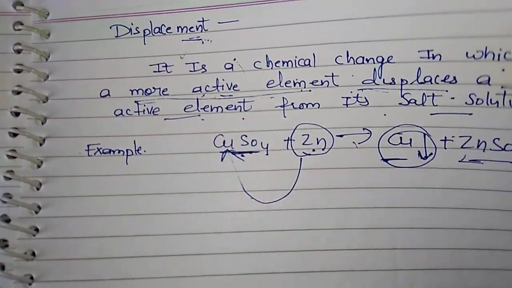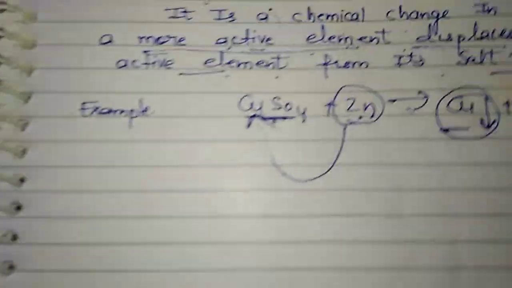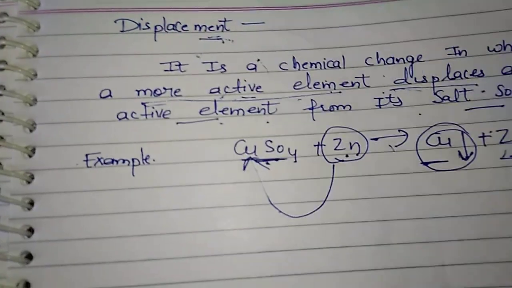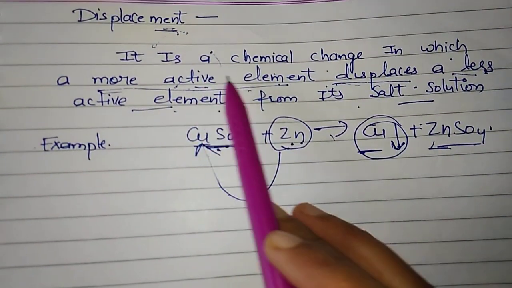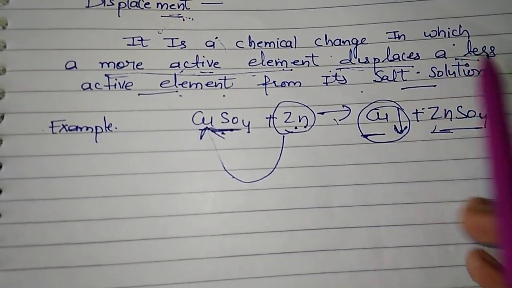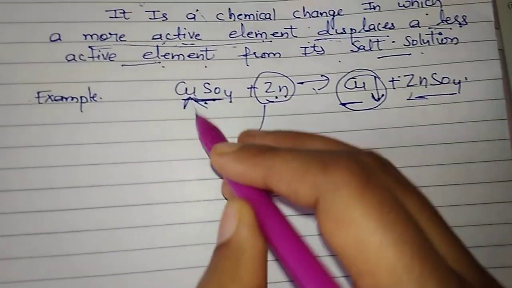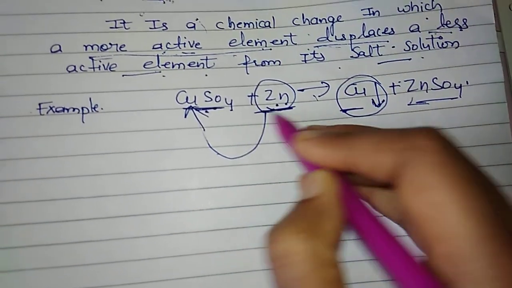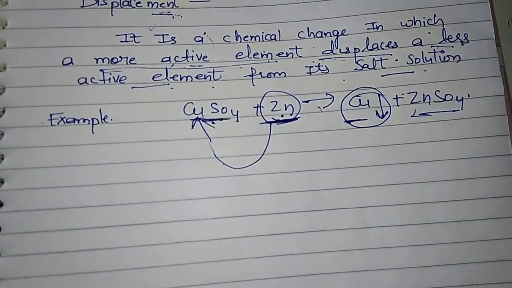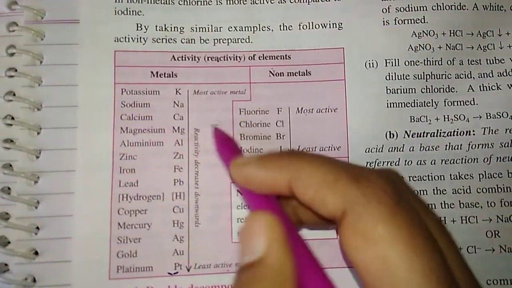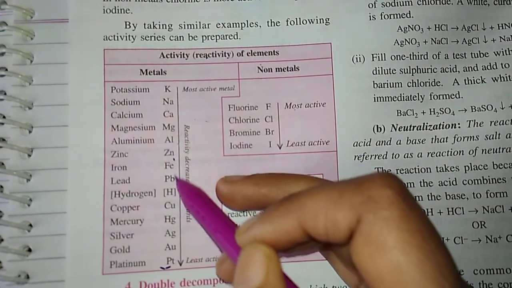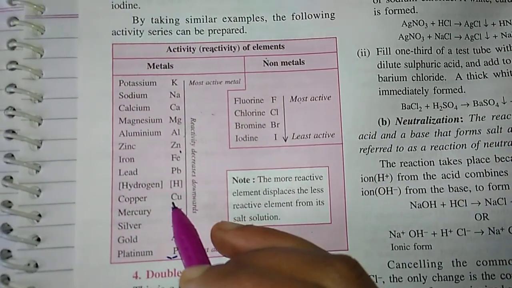Displacement is a chemical change in which a more active element displaces a less active element from its salt solution. In the same way, zinc, which is more active, you can see from this table, and here you can see copper.